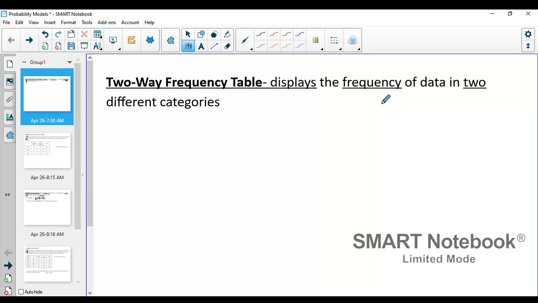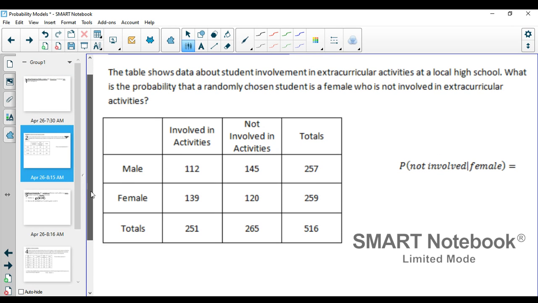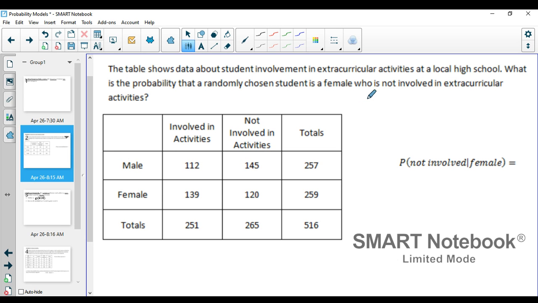Two-way frequency tables display the frequency of data in two different categories and how they are related. For example, in this first example, this is a frequency table that displays the involvement in extracurricular activities at a high school versus the gender of the student.